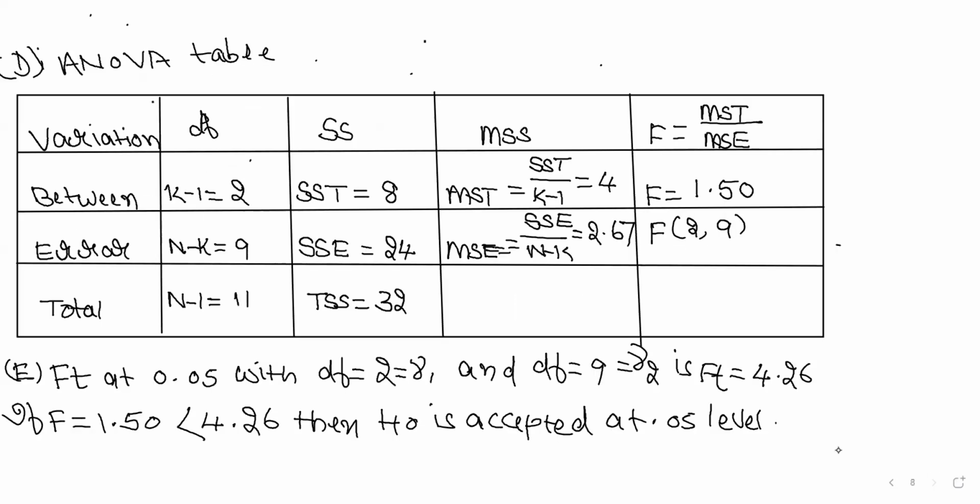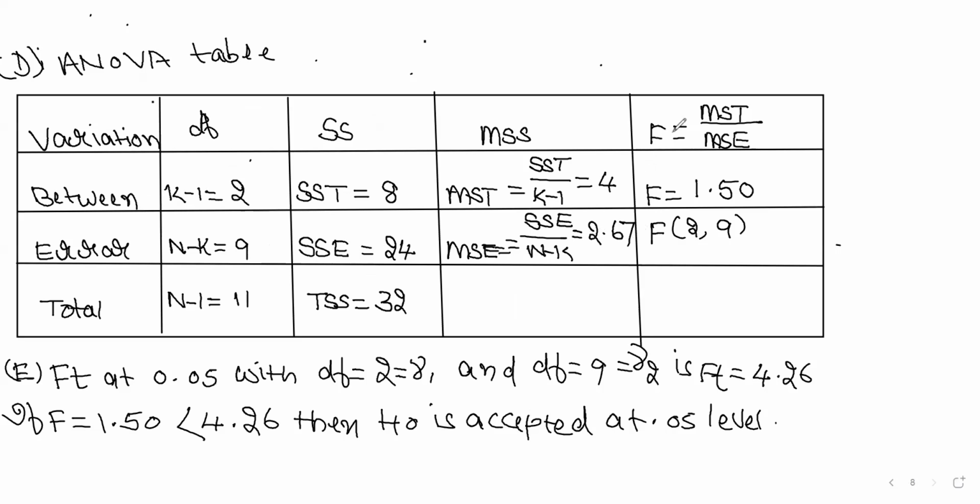You can enter 24 and 32 there. Then MST means SST divided by K minus 1, which is 8 upon 2, so it is 4. And next, MSE means SSE divided by N minus K. 24 upon 9 is 2.67.